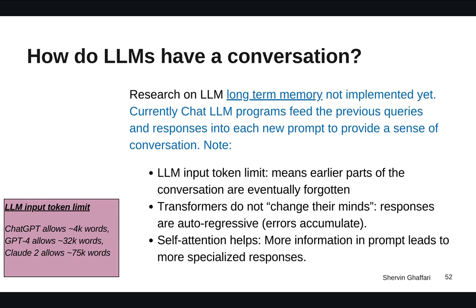And how do LLMs have a conversation? For now, most LLMs do not have any long-term memory. We're just augmenting the previous conversation to the current prompt to give it some sense of the history of the chat.